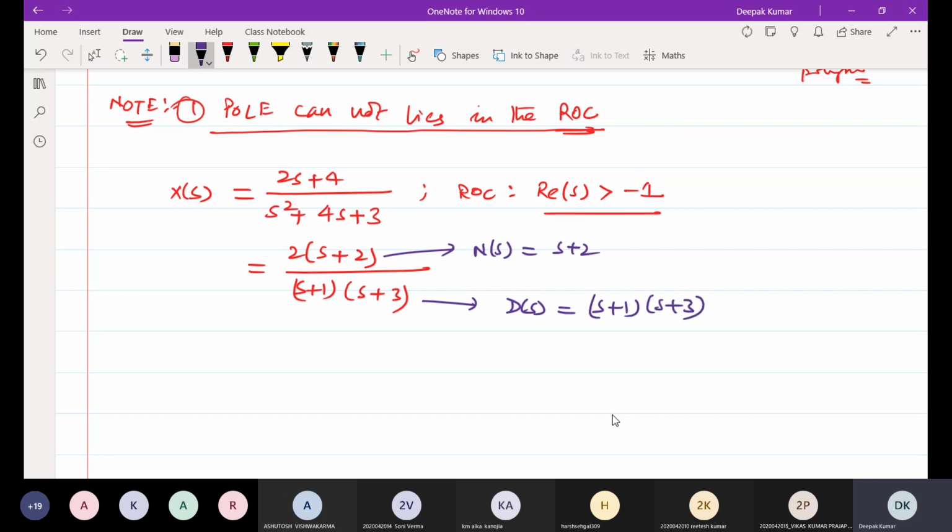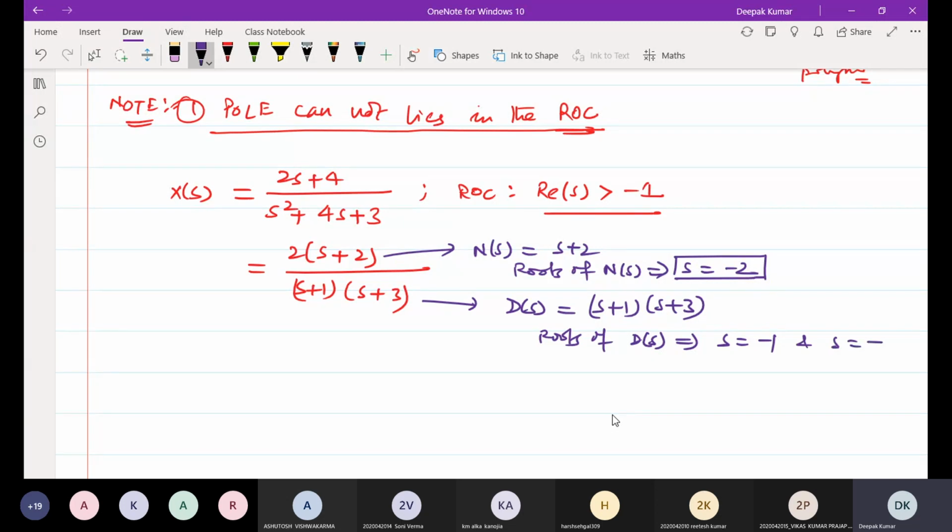So the root of N of s is equal to minus 2, and the roots of D of s will be s is equal to minus 1 and s is equal to minus 3.